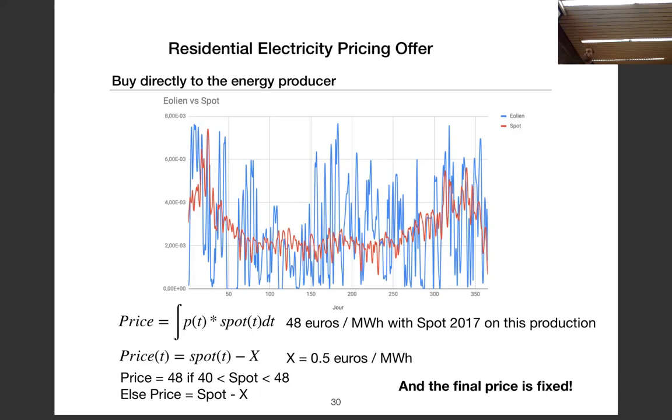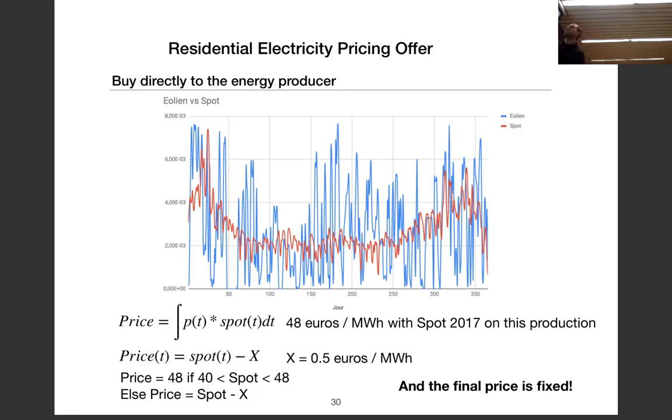And so you say to the producer, you know exactly the price at which you will send me the electricity. And me, I know exactly the price at which I will buy your electricity. For instance, I made this calculation with that profile and the day-ahead spot price for the year 2017 for this production.